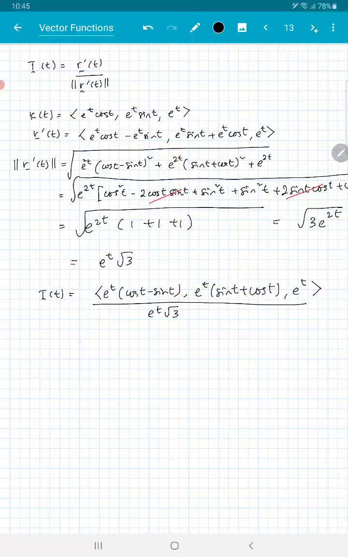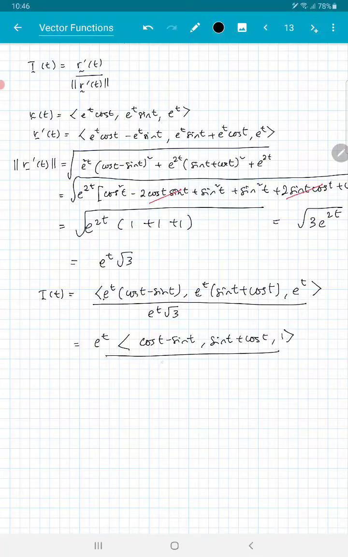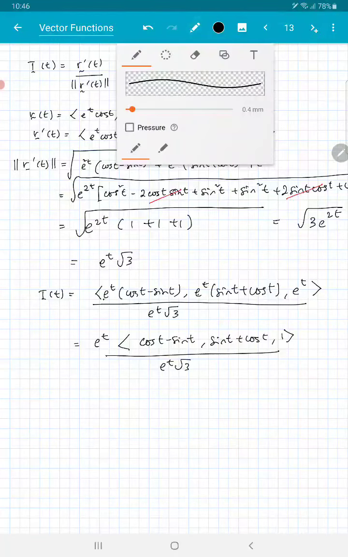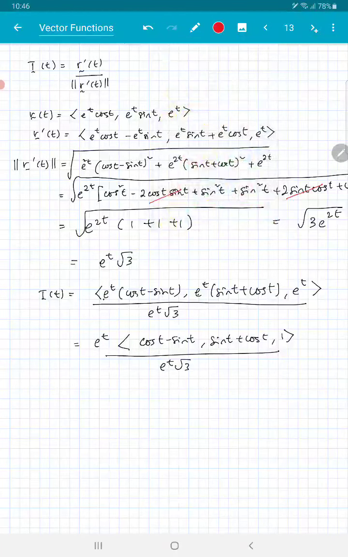If we simplify this, we can factor e^t out of the vector. What's left is cos t minus sin t for the x component, sin t plus cos t for the y component, and 1 for the z component. And e^t over e^t gives us 1.